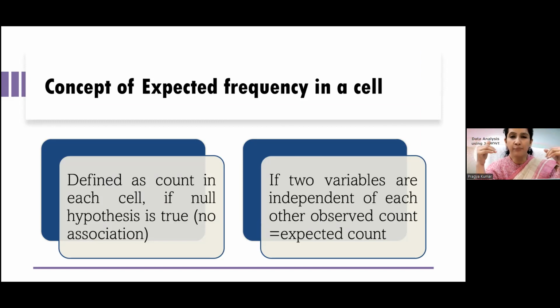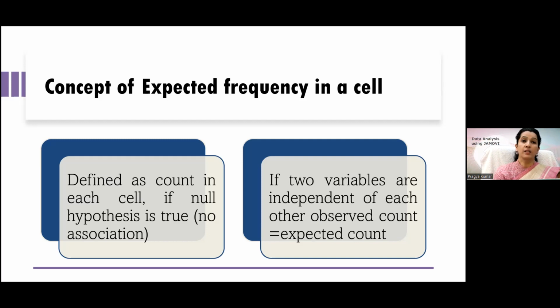That means the same proportion you will see in each cell also. So you consider expected frequency: if the two variables are not related to each other, then what is the expected count? That means there is no association. So this expected frequency is calculated based on the assumption that there is no association between the two.